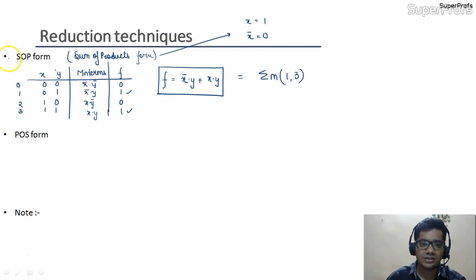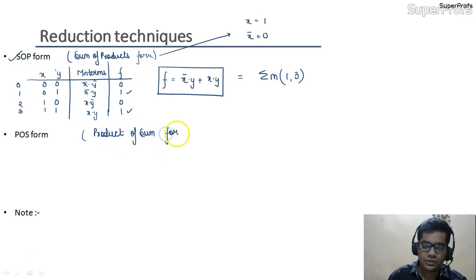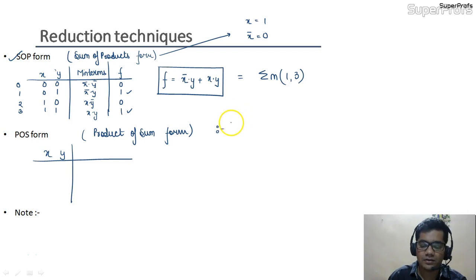Okay, so this was SOP form. But if we want to make a POS form, what is a POS form? POS form stands for product of sum form. In product of sum form, we again take an example with two inputs. Here x in the normal form is equal to 0 and x bar is equal to 1.